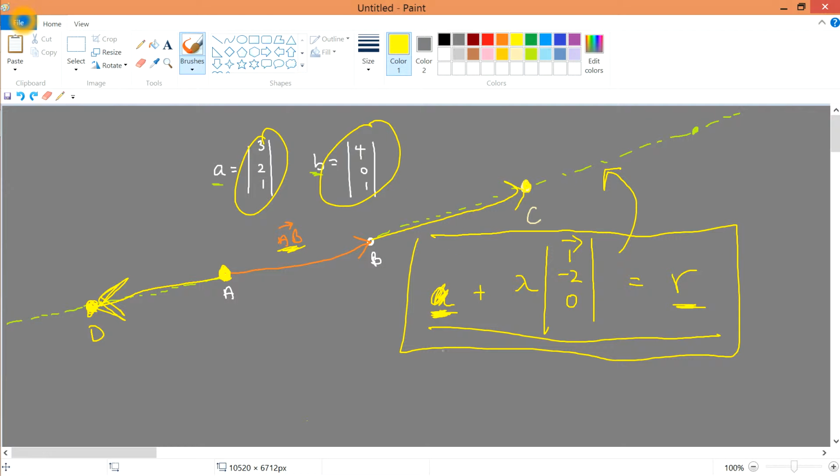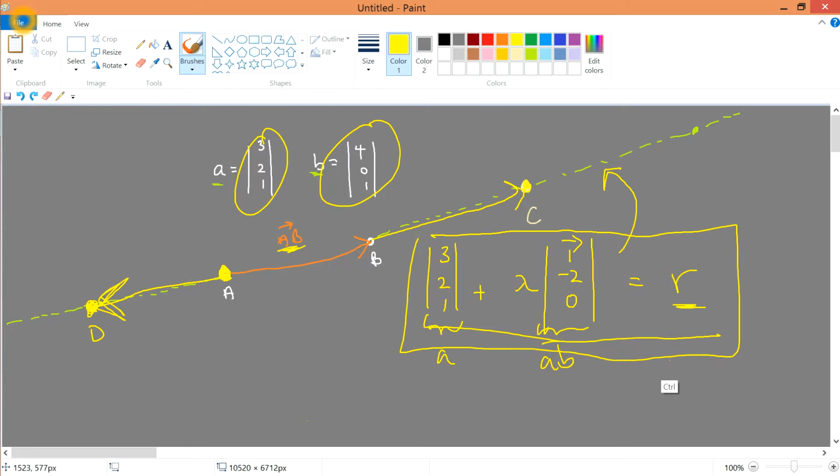So I replace A with 3, 2, 1 in this case. So I have 3, 2, 1 as A, and vector AB with a certain lambda is equal to some other points. When you sub in different lambdas, you'll get different destination points. That's the meaning of the equation of a line.